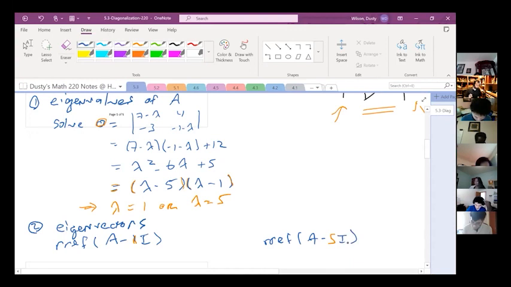And what you're looking for is the null space. Something like that.